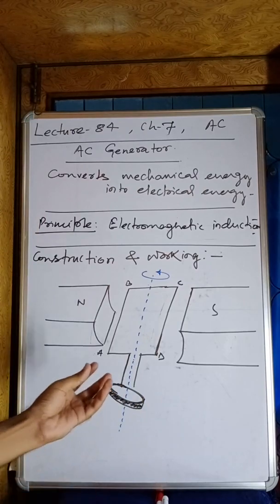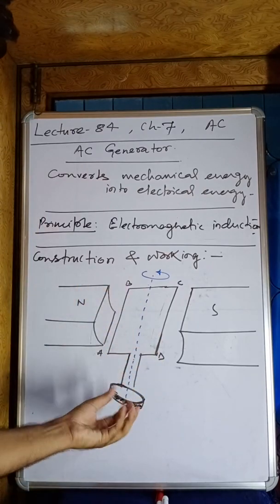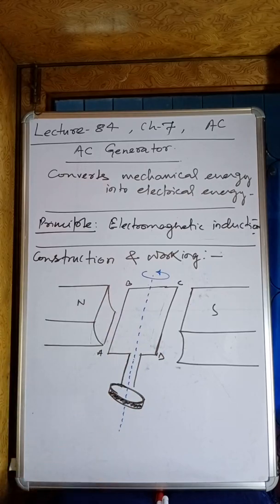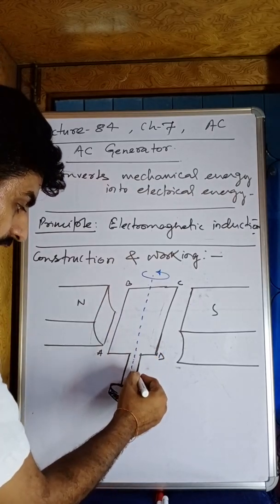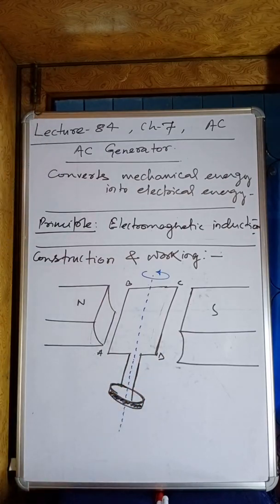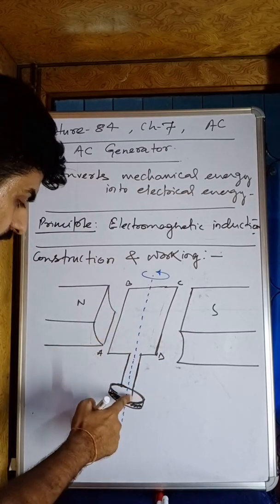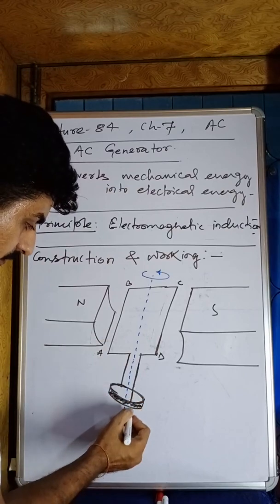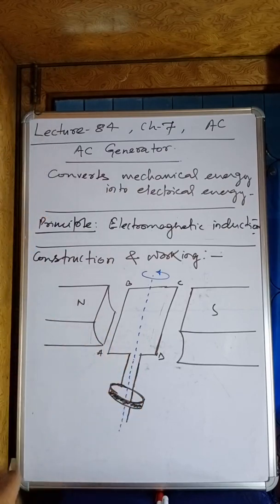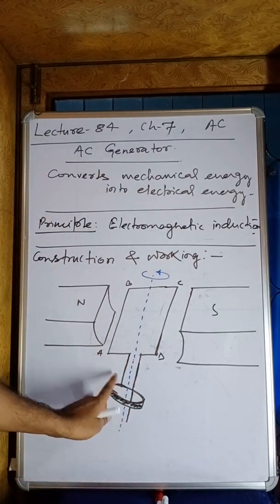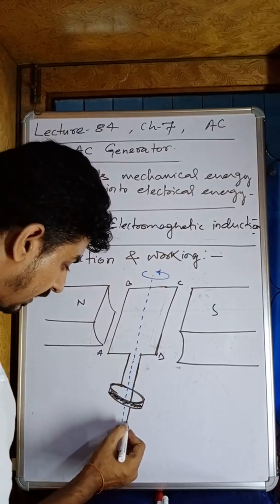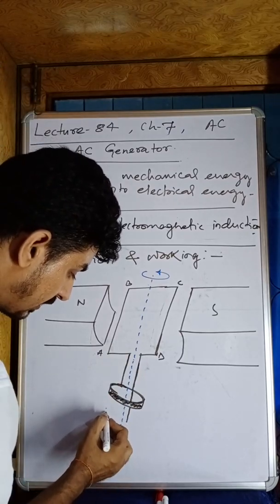As this coil will rotate, this ring will rotate. Alright. And the second end, without touching the ring, goes inside the ring and moves out. Look at here. Okay. This particular end is not touching the ring. And it is also connected with another ring.